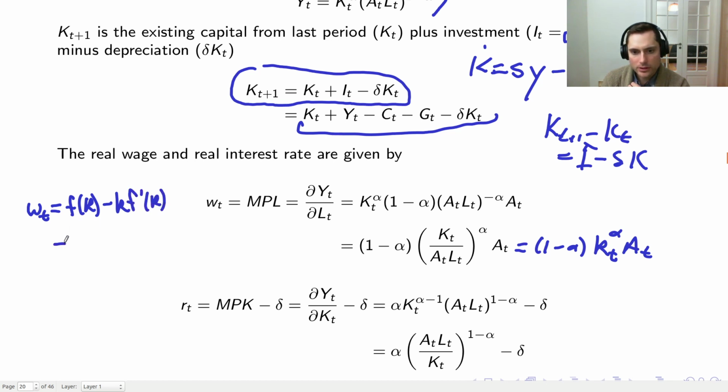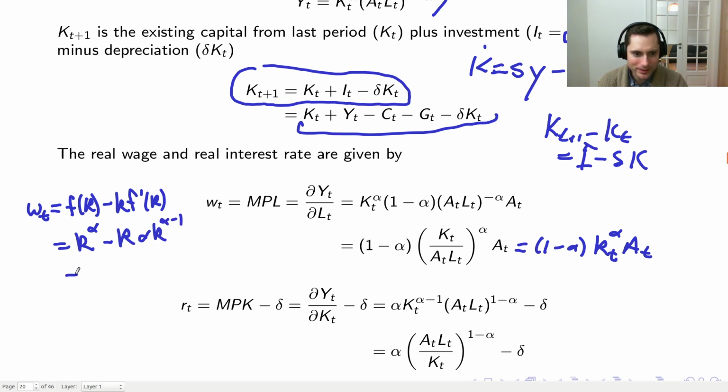Okay, so in this version with Cobb-Douglas production, this would be k to the power alpha minus k times, oops, little mistake there, k times alpha times k to the power alpha minus 1.